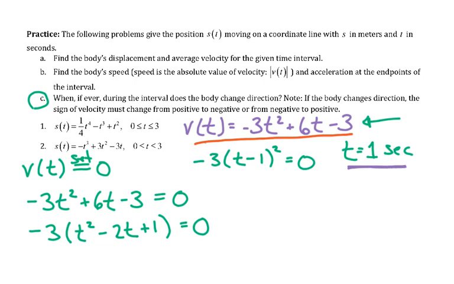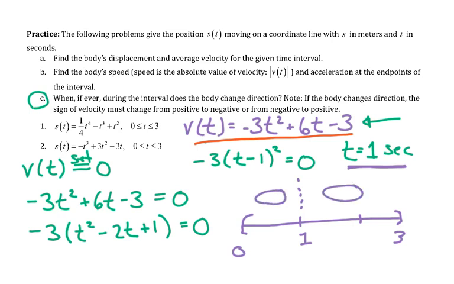So let's make a number line. I like to remind myself that we have endpoints. We just have a test interval here at 1. I need to check the sign of the velocity on either side of 1.